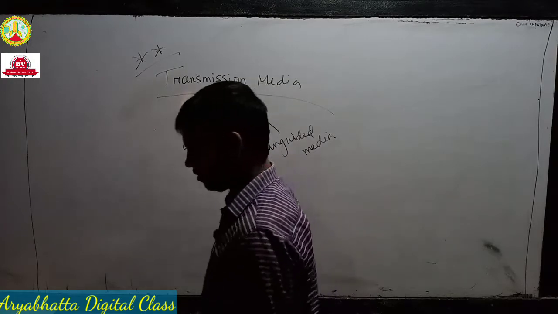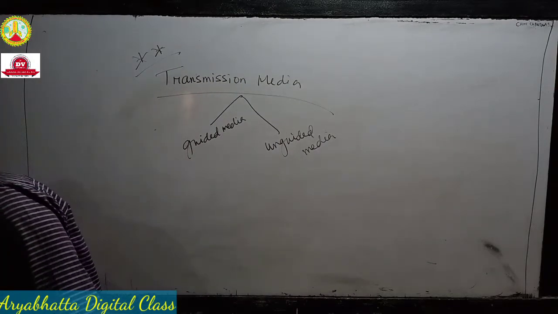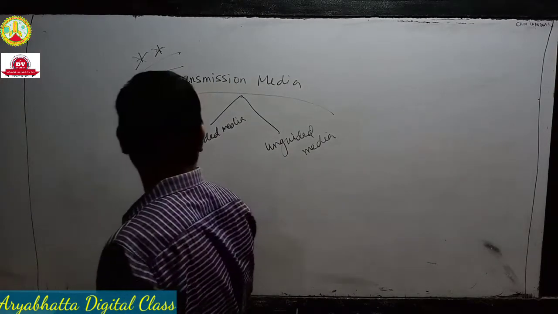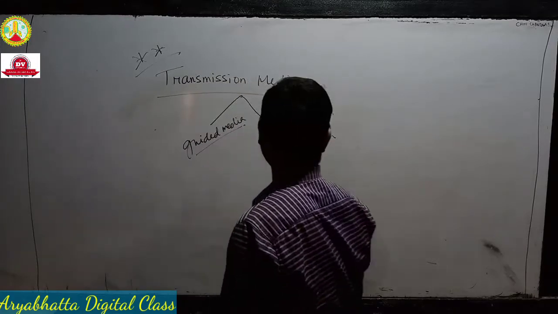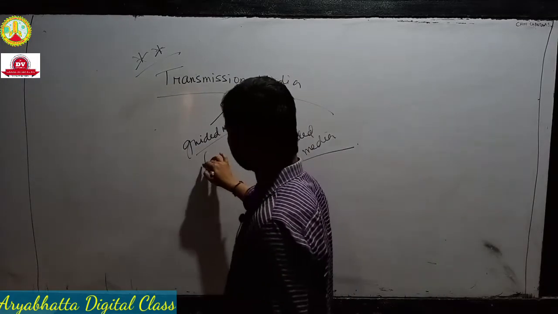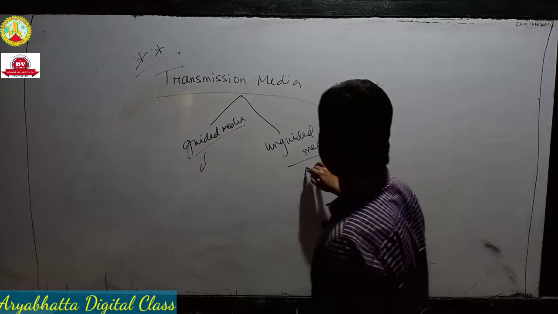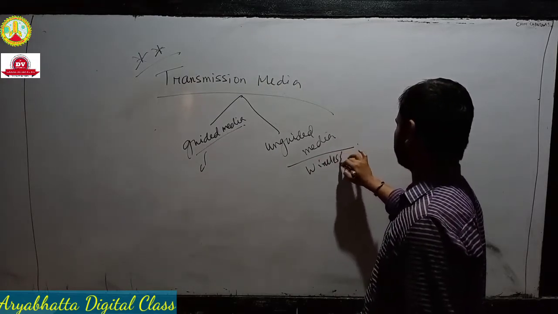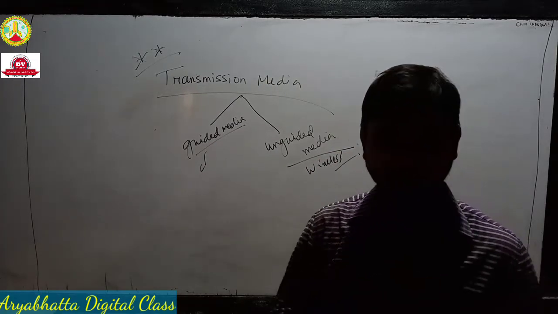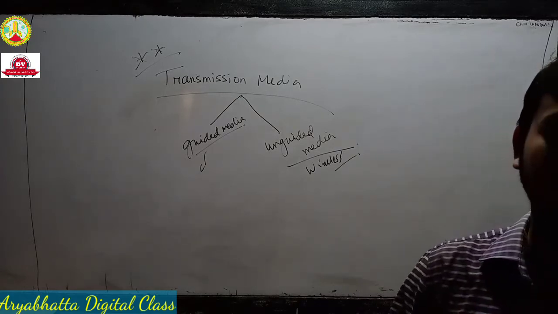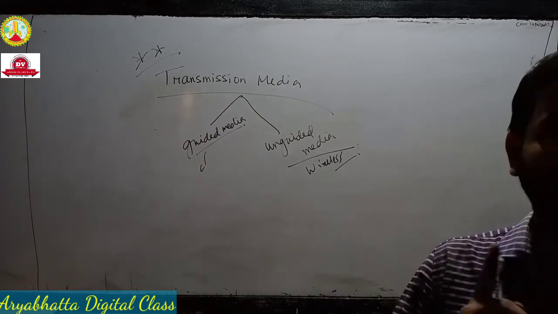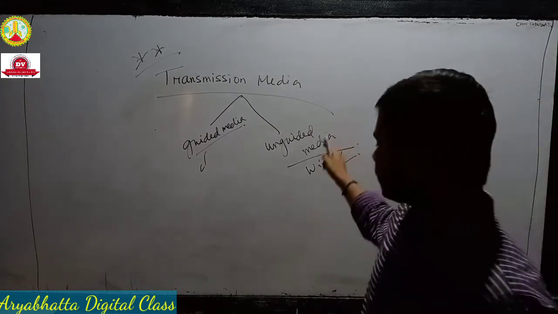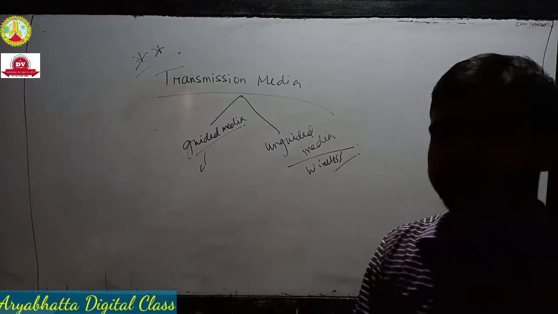Guided media include cables, meaning physical, wired media, and unguided is wireless. Guided media contain twisted pair cable, optical fiber, and coaxial cable, and unguided media is wireless, radio transmission.